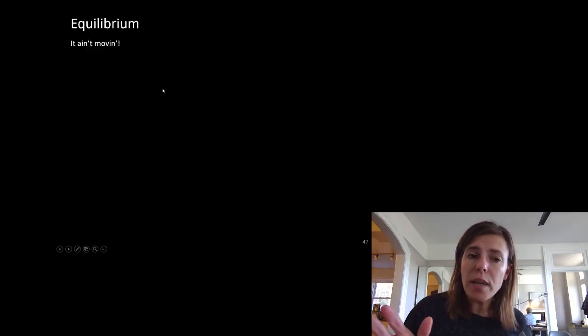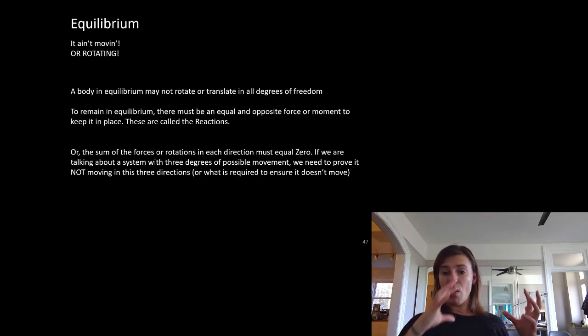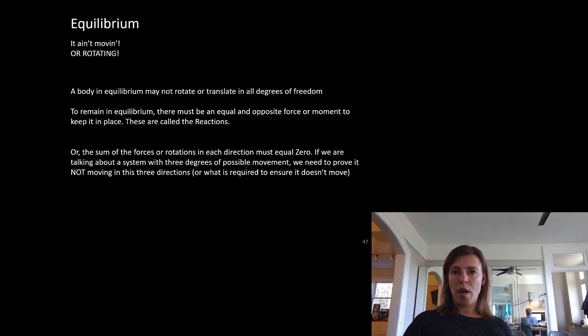So equilibrium, we know it's not moving, but we know now it also can't be rotating to be in equilibrium. It can't be going up and down, side to side, or rotating about our Z axes. So a body in equilibrium may not rotate or translate in all the degrees of freedom. That means in our 3D space, all 6 degrees of freedom. To remain in equilibrium, there must be an equal and opposite force or moment to keep it in place.